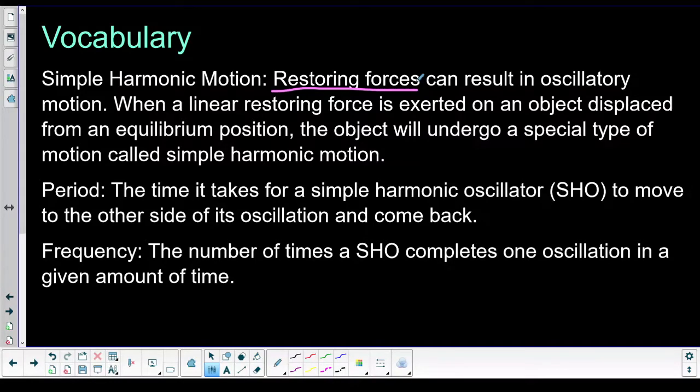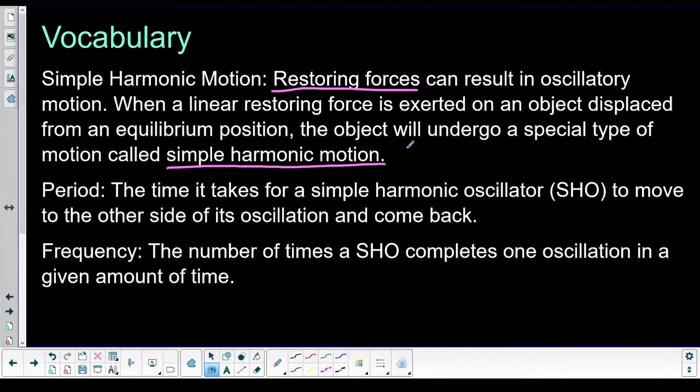It's trying to restore the original position to the object. So restoring forces can result in oscillatory motion. When a linear restoring force is exerted on an object displaced from an equilibrium position, the object will undergo a special type of motion called simple harmonic motion.